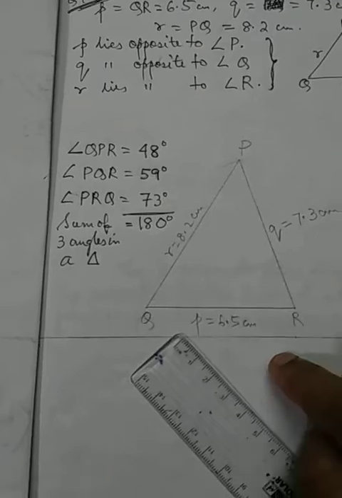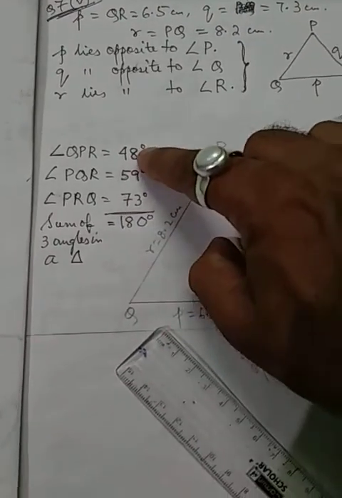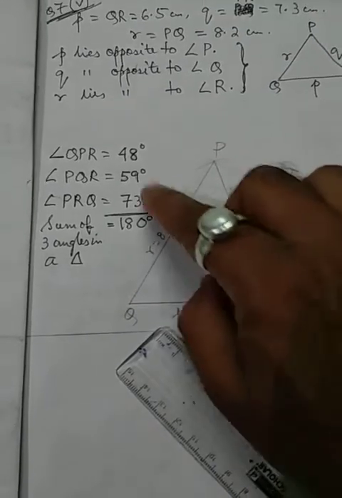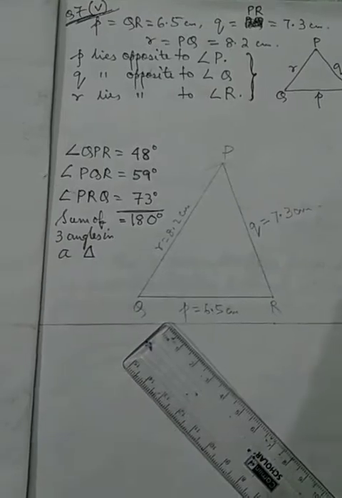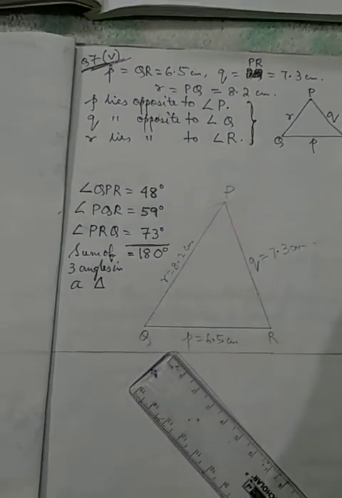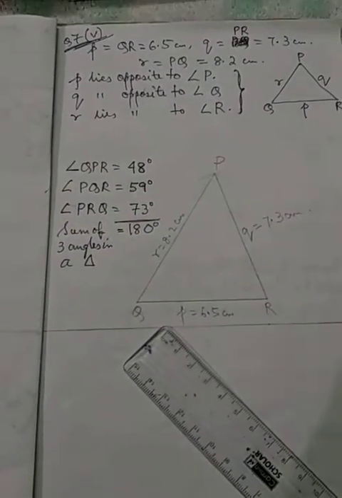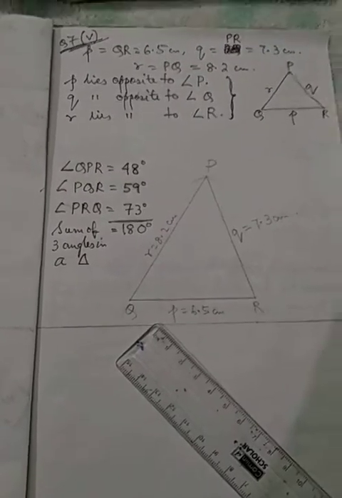But whatever measurement you are getting, you should record. If you have recorded this as 47, then this will come 179. But when you are asked to measure the angle, you should write what it is coming. Maybe a little error, but doesn't matter. You write what you are getting.